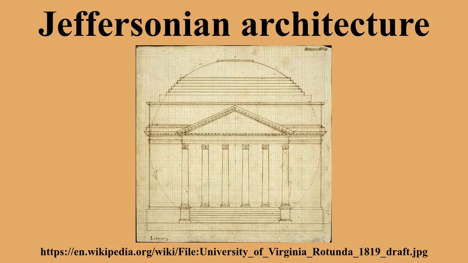An example of Jeffersonian architecture outside the United States can be found in one of China's top universities, Tsinghua University in Beijing. The university's grand auditorium was designed with elements from the Jeffersonian architectural style in the early 20th century.